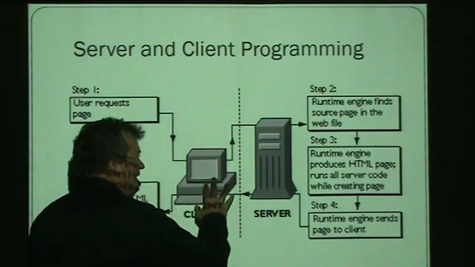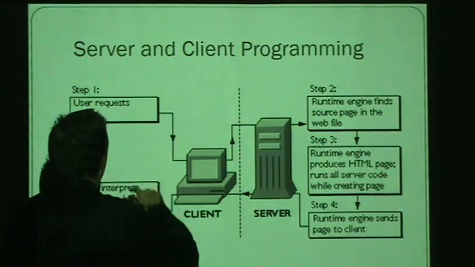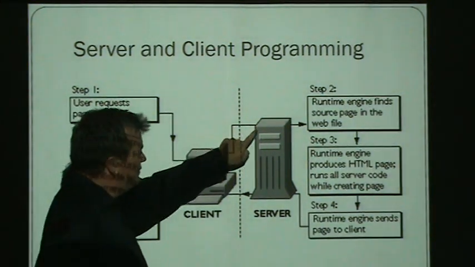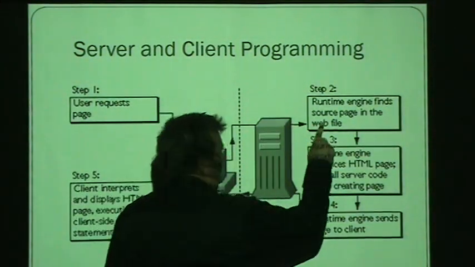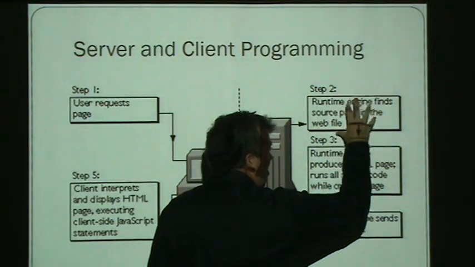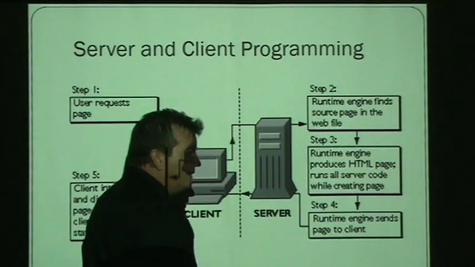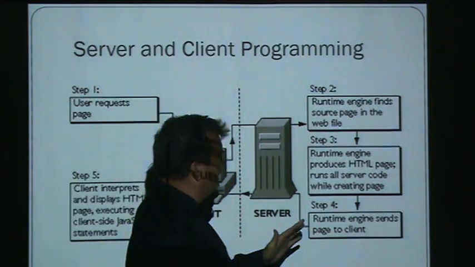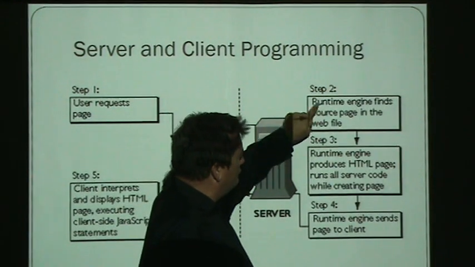So the steps would be: you're a client, and step one, you request a page from the server. The server then takes the page that you're trying to request, and possibly, it doesn't have to be, and for about the first 3 or 4 years the internet was public, there was no program. But it's possible they could run a program.